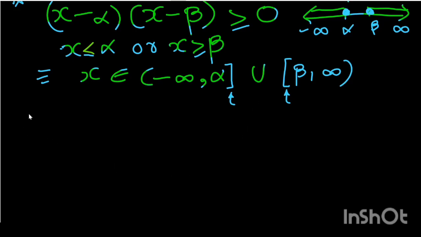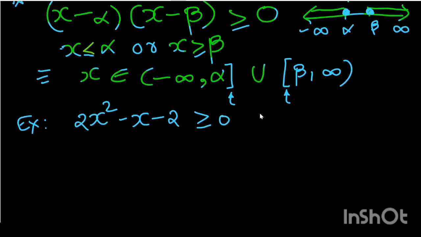Let's take one example on this. 2x square minus x minus 2 greater than equal to 0. Find x. You can try this.